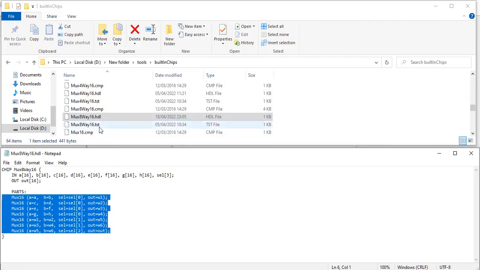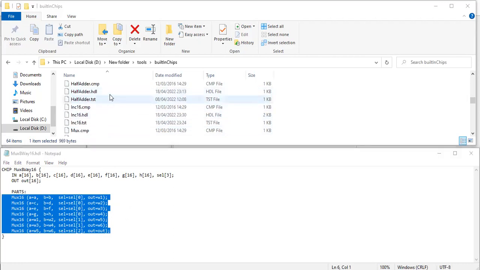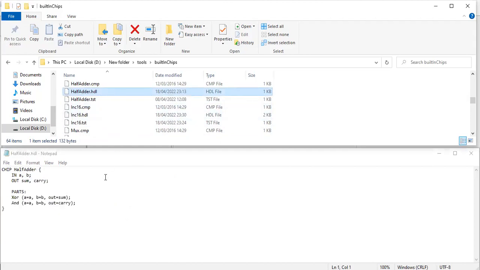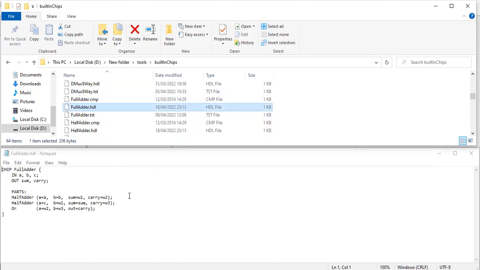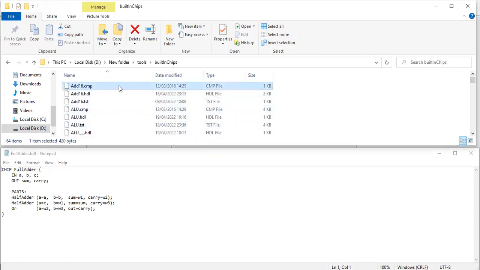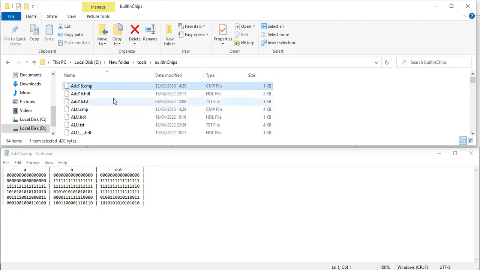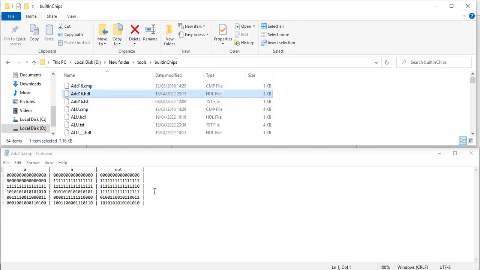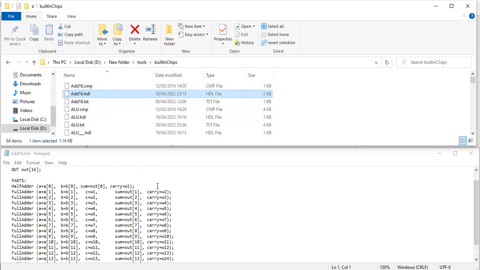I also have the other chips: the full adder, which will utilize a half adder and an OR gate, and the 16-bit adder. So again, these are from you.